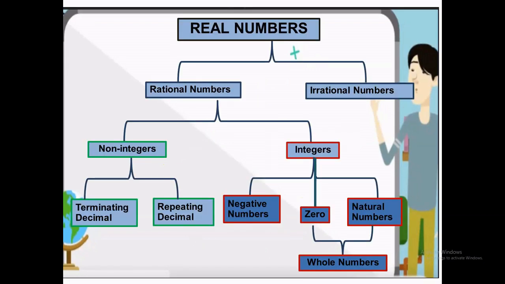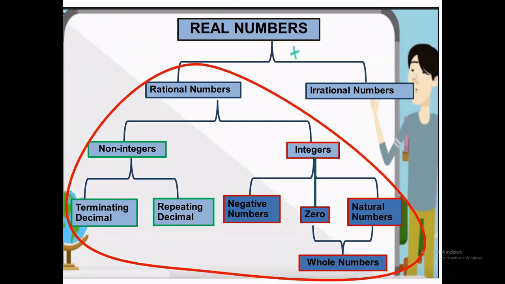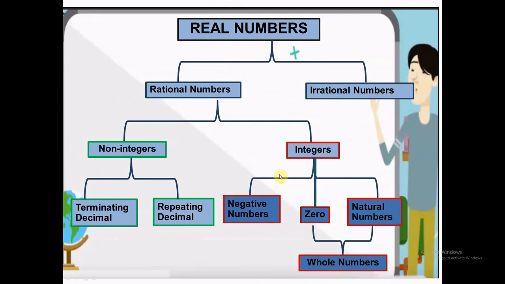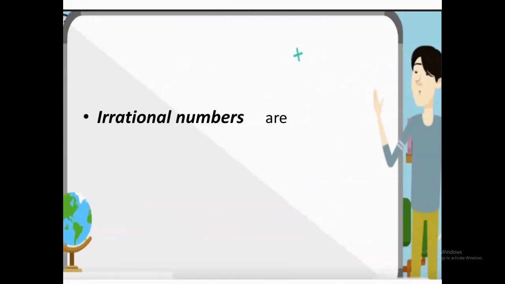Okay, so we already talked about this side, right? So rational numbers. Again, rational numbers, we have non-integers, terminating decimals, repeating decimals, integers, negative numbers, 0, and natural numbers. Now we go on to irrational numbers. What are the differences between rational numbers and irrational numbers?